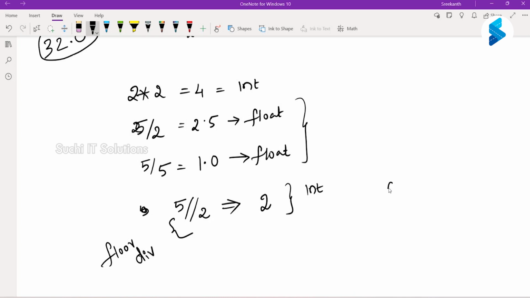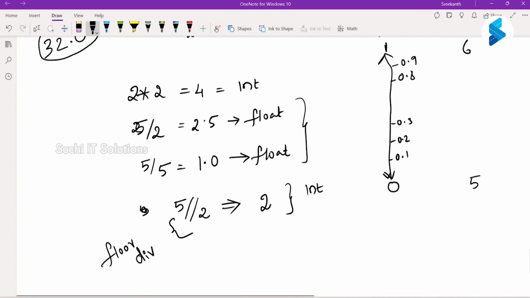So I have 0 and I have 1, or like I have 5, I have 6. So between 0 and 1, how many data points might we get? It is like 0.1, 0.2, 0.3, and so on till 0.8, 0.9, and then 1.